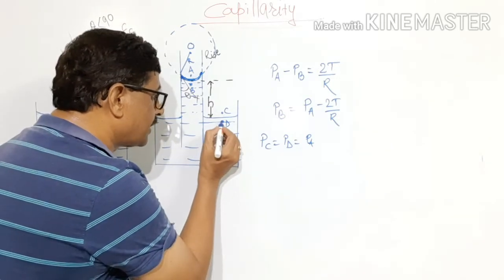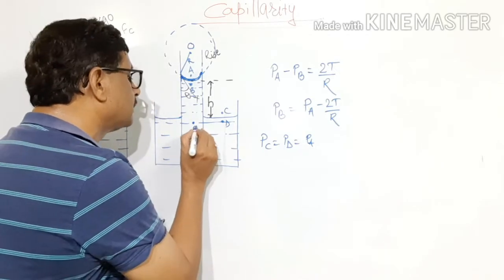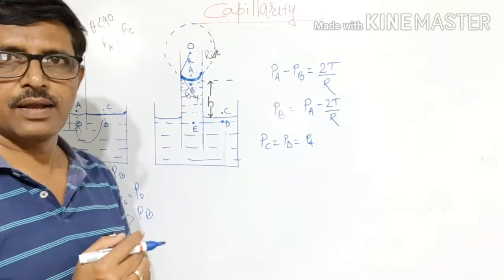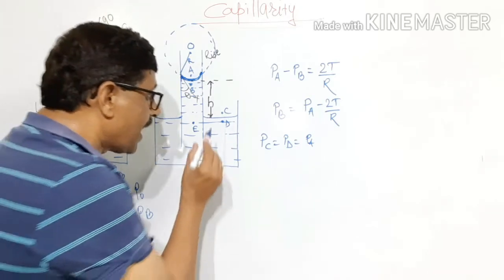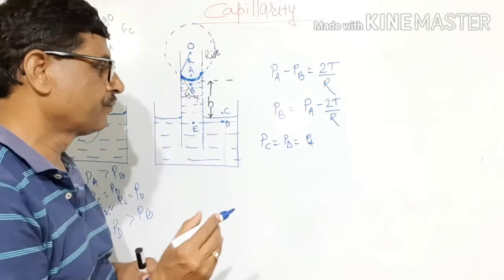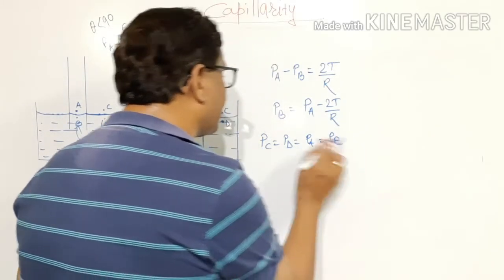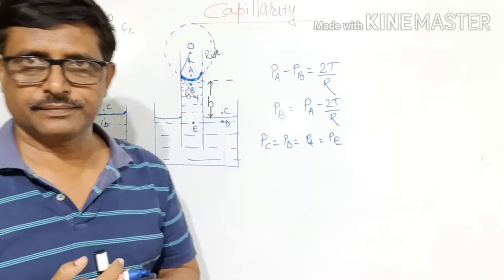Let us consider there is a point E which is exactly on the same horizontal level as D. Therefore, pressure at E is again equal to pressure at D.